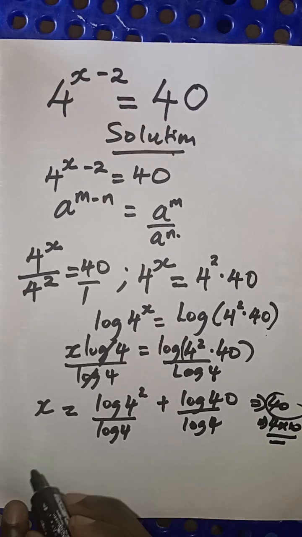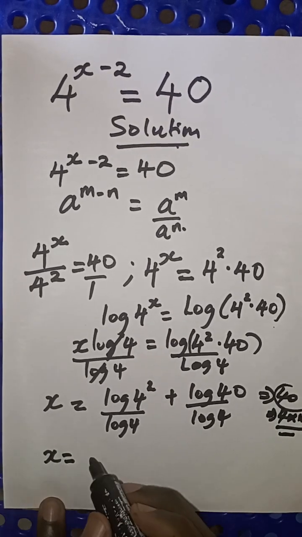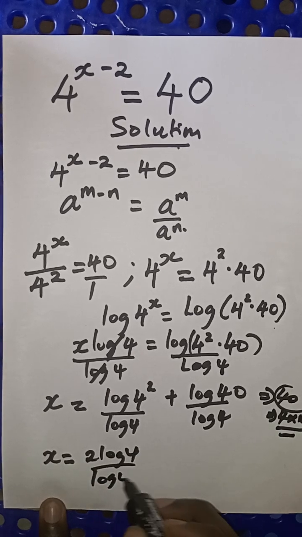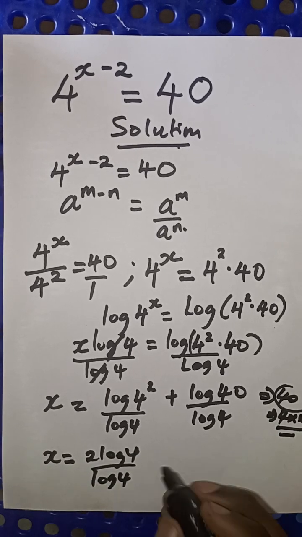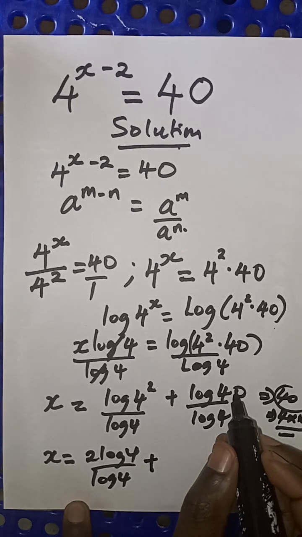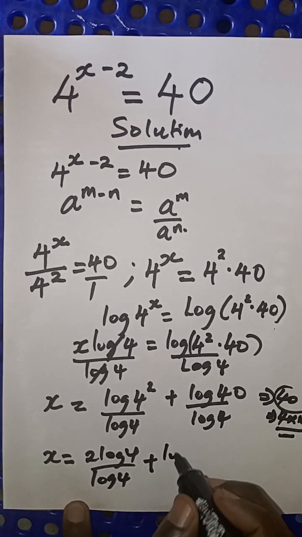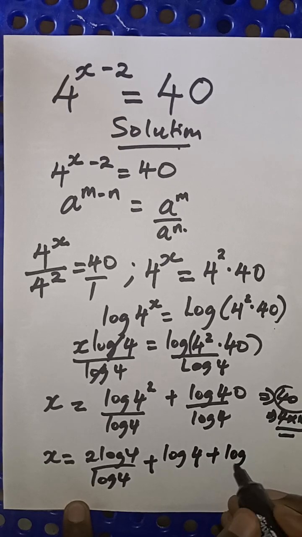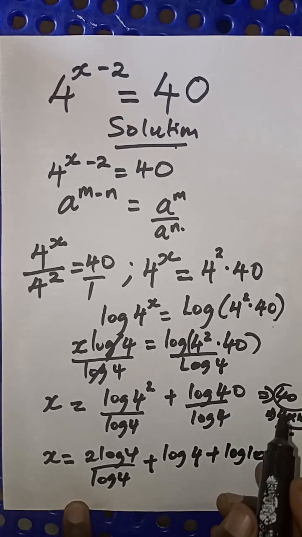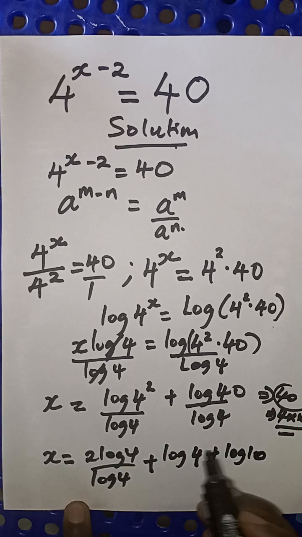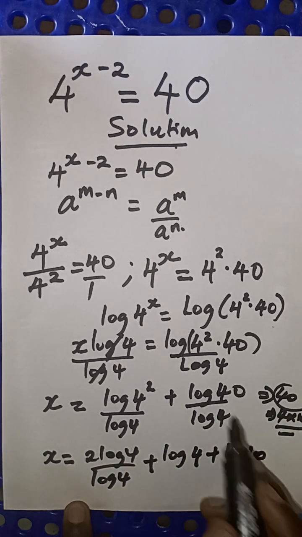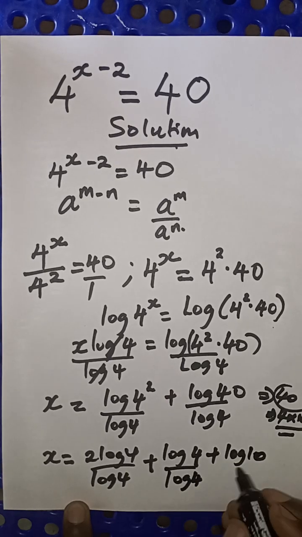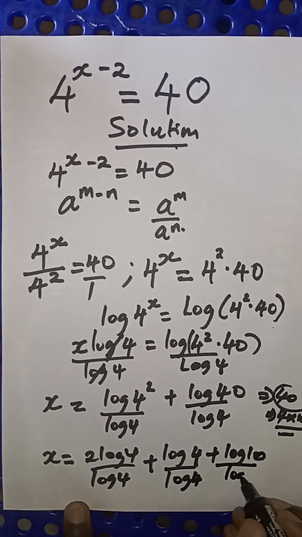So that I end up with x is equal to 2 times the log of 4 divided by the log of 4 plus, wherever I have 40, I'm going to rewrite it as the log of 4 plus the log of 10, because 4 times 10 is 40, divided by a single denominator, log 4 over log 4.